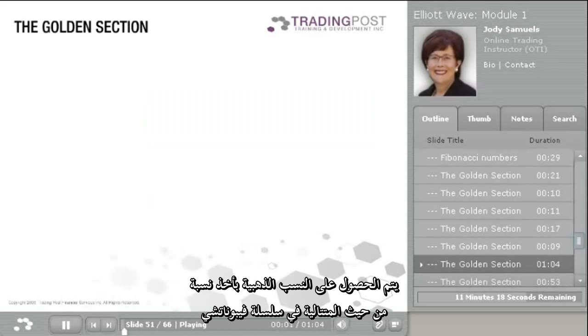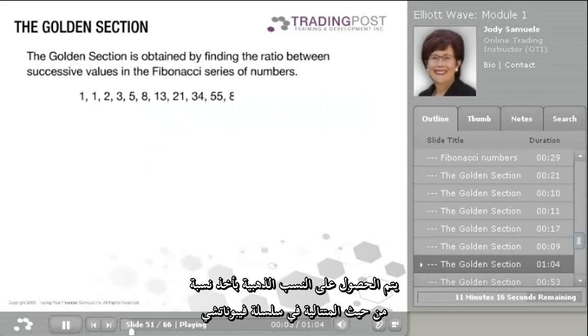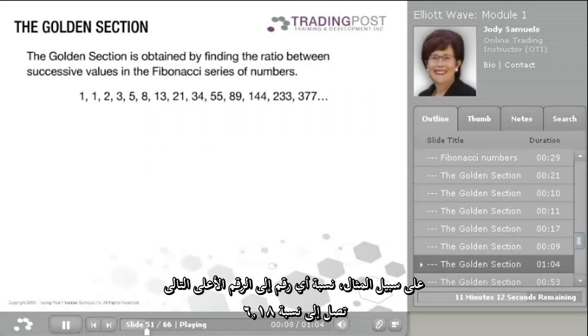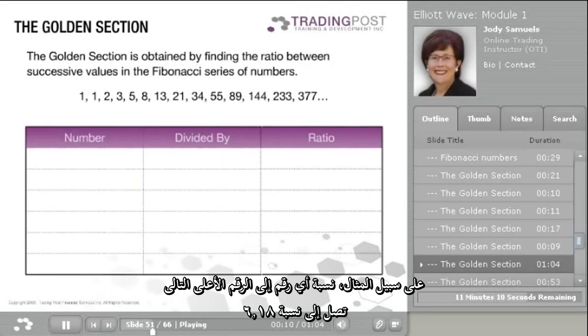The golden section is obtained by taking the ratio of successive terms in the Fibonacci series. For example, the ratio of any number to its next higher number approaches 0.618.